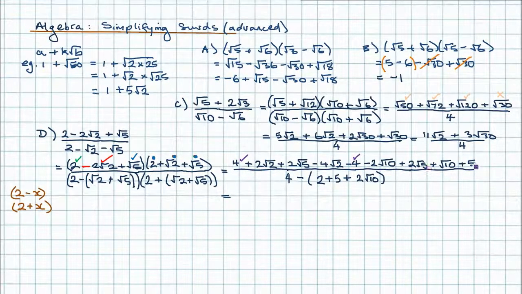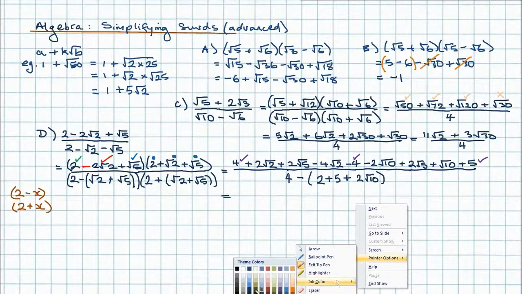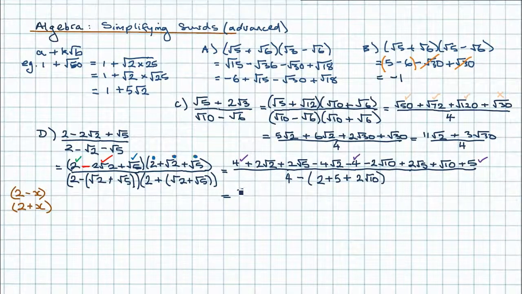At the end I've got a 5, so it's 4 minus 4, so that's 0, plus 5 gives me 5. And now let's just look for our root 2, a root 2 there, and that's all the root 2, so I've got 2 root 2 minus 4 root 2 is minus 2 root 2.